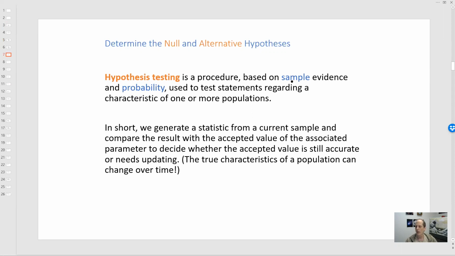Okay, so we're going to base our hypothesis test on sample evidence and then probability. And we can break this down. Let me also, before we get going, when we do parameter greater than value, if this is our H1, we call this a right-tailed test.